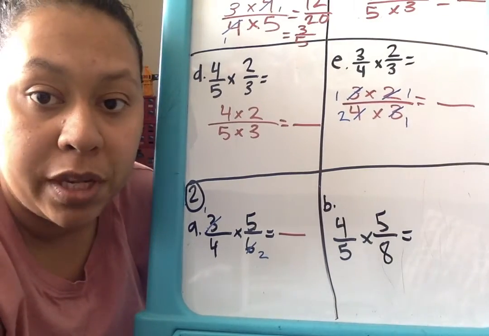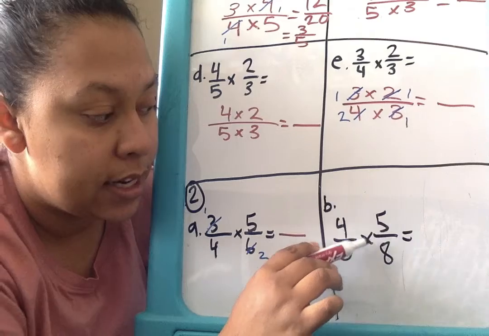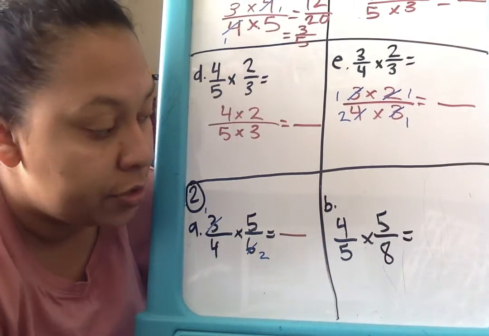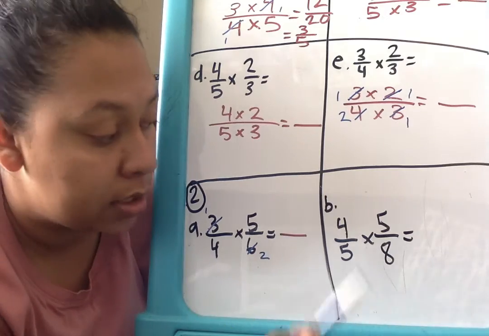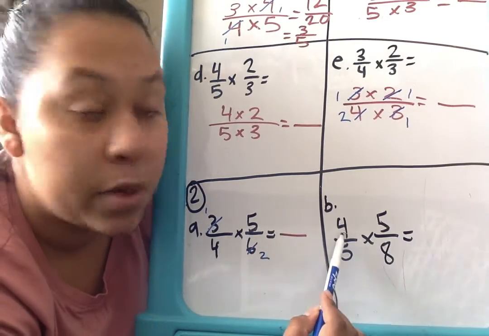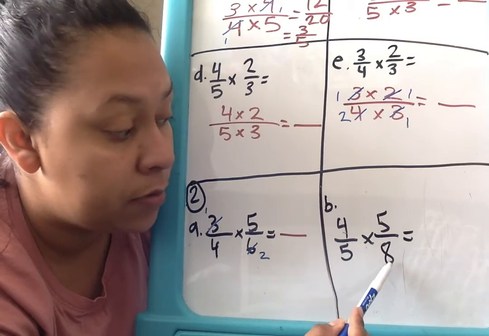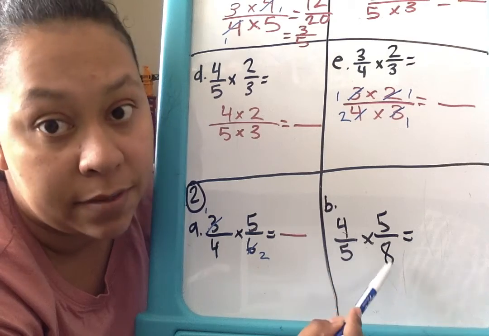Okay, now 2b, our last one. So we have 4/5 times 5/8. So first let's simplify. So we're going to simplify by going diagonally across. So 4 and 8. 4 is a multiple of 4, 8 is a multiple of 4. So both of these can be divided by 4.